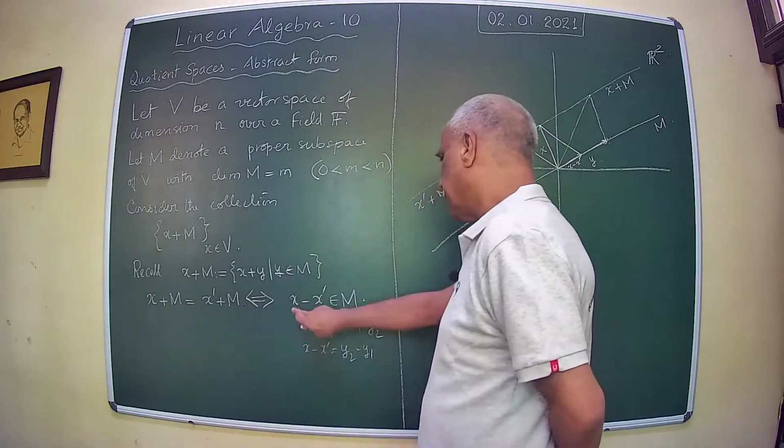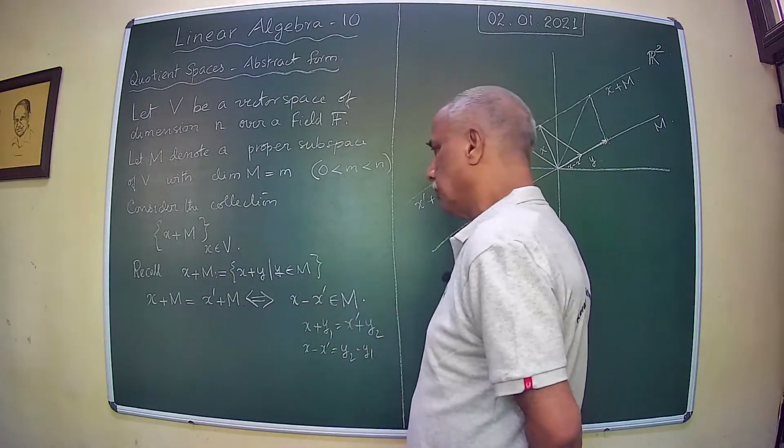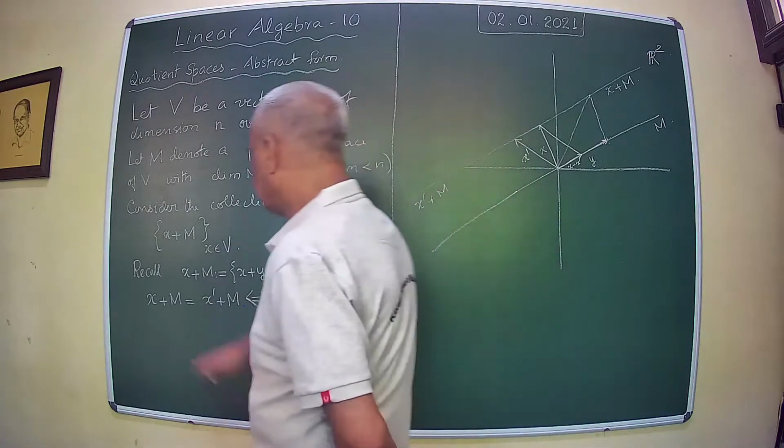Conversely, suppose x minus x prime is in M. Then you start with an element here.